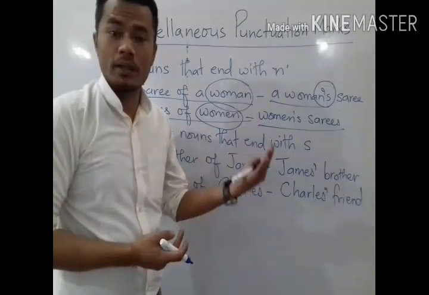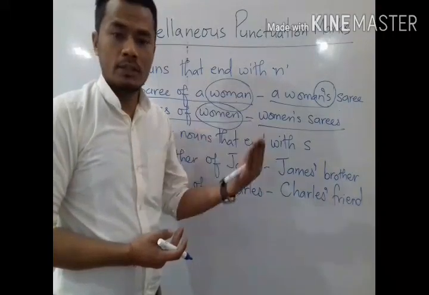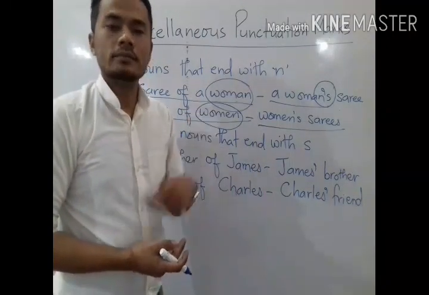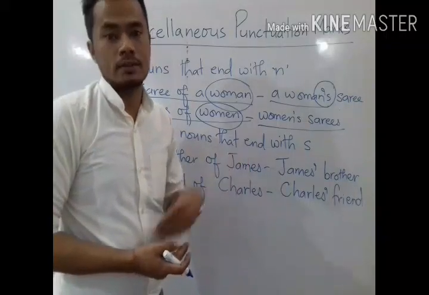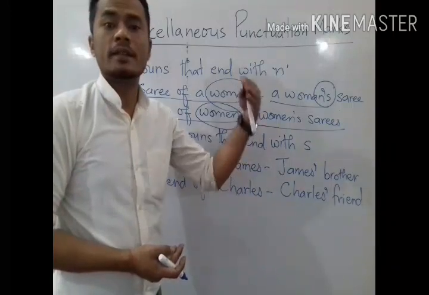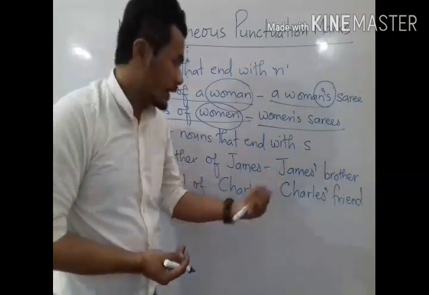Children is a plural noun, but if I show its possessive case, I have to use apostrophe s, though it is plural. Like the children's play.